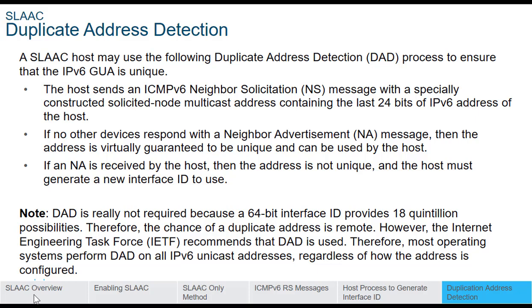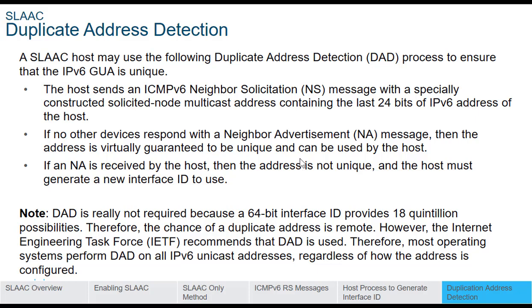A host device relies on the RA messages. It will be expecting the RA message. It will randomly generate its own link local, but it relies on the RA messages to generate its own global unicast address. Apart from the RA messages, RS can also be used: it can send a router solicitation to request RA messages.